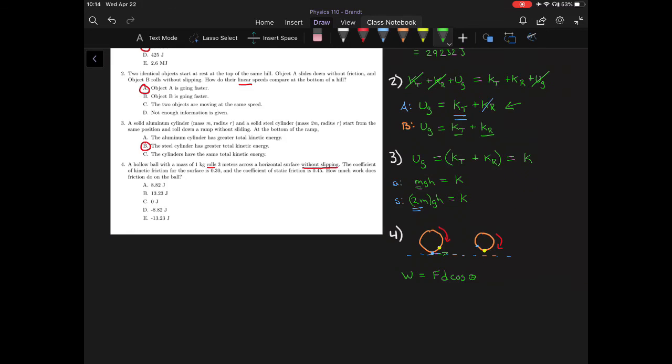So you have the force of friction there. But as that ball moves, that static friction is actually acting over zero distance in contact with that same point. So our distance actually goes to zero because that force is changing the location on the ball that it is acting on. So work actually goes to zero when we're doing static friction and something is rolling. So we have 0 joules of work done.